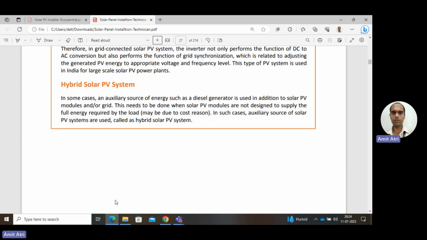If our requirement is fulfilled by the solar panel, we don't need to run the generator. But if it is more, then we will run the diesel generator. So this system usually has two or more sources of energy. Most commonly, this type of combination in a hybrid power system consists of one renewable energy resource and one non-renewable energy resource.